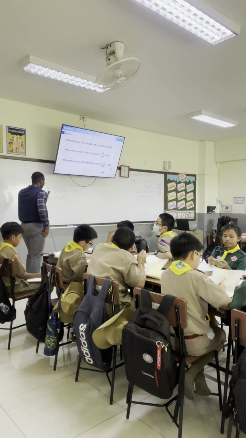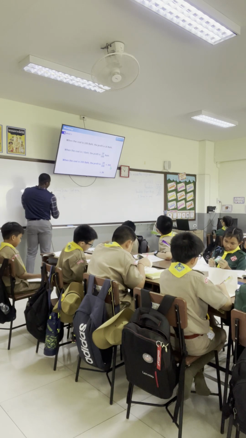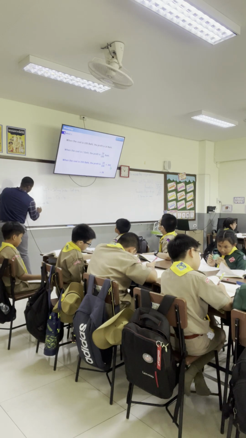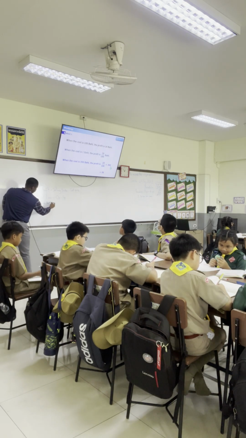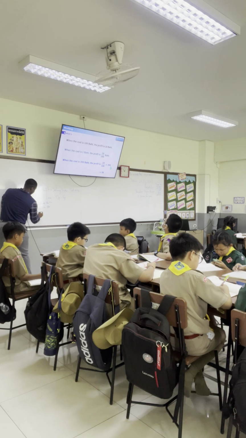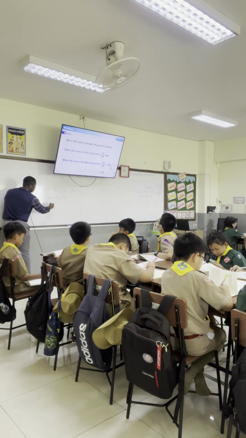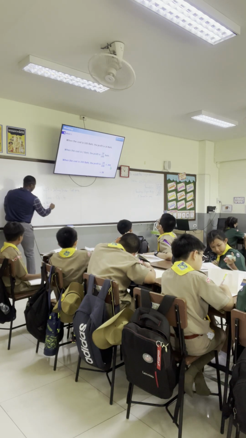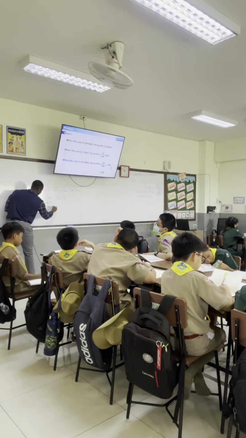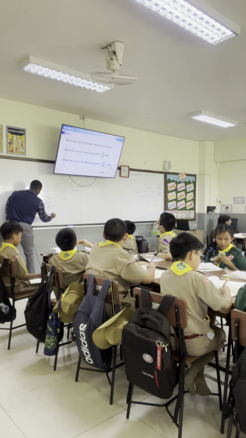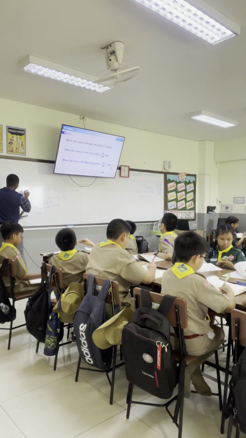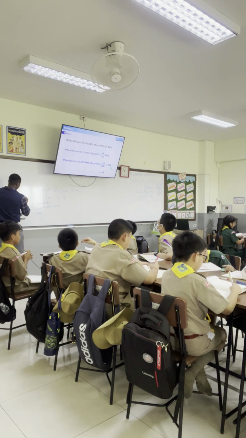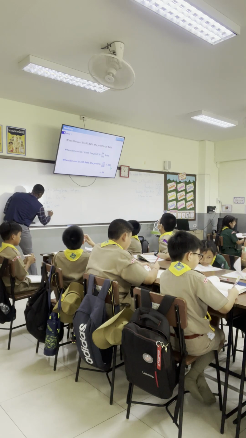Okay? Now, if you do it like this, if 100 is 16, 200 is 16 times 2, right? That's 32. 300 is 16 times 3, right? Hello? Do you follow? It will be 48.